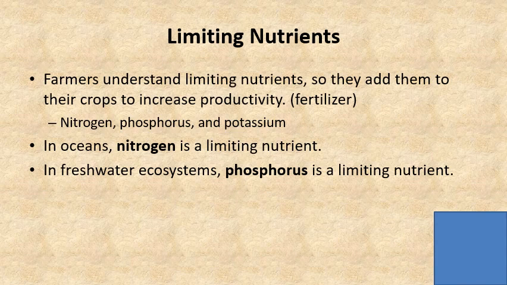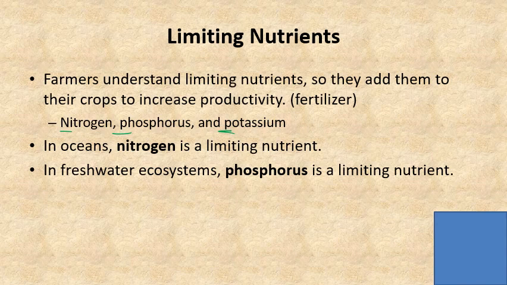Farmers do this and add them to the soil so they can increase that productivity. Soil is naturally low in nitrogen, phosphorus, and potassium. So by adding these basic elements in fertilizers, those nutrients will be added to the soil and that raises the ceiling of what can be produced.